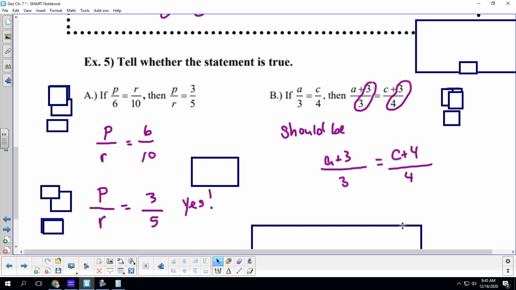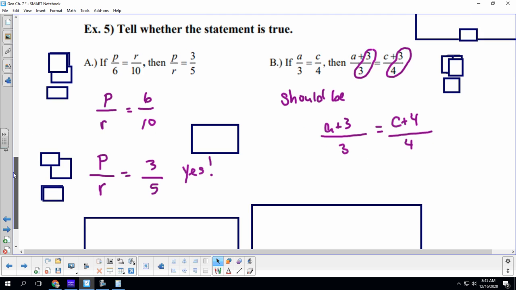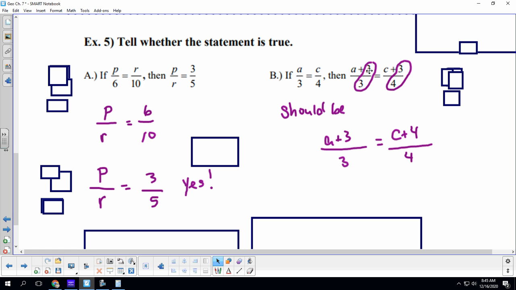But let's go ahead and multiply these through, just to double check. So if I were to take this and do the cross products, it would be 4A plus 12 equals 3C plus 9.